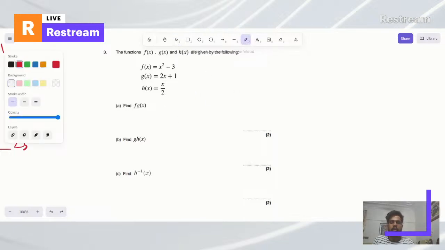Right, so the first part is to find the value of fg(x). So what are we going to do? We're going to take f, g, and then x. We're going to write down the function f(x), so it is x squared minus 3, right?